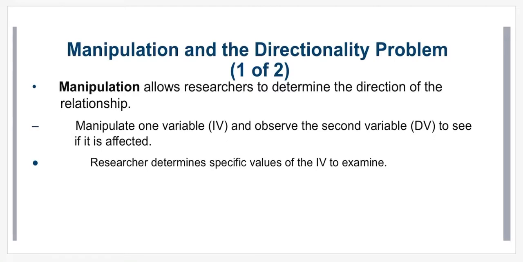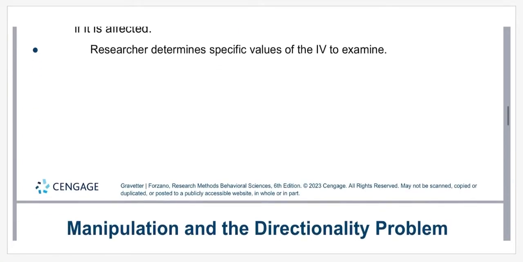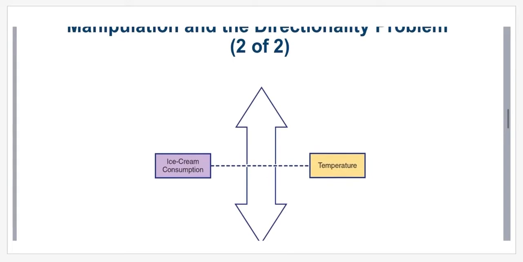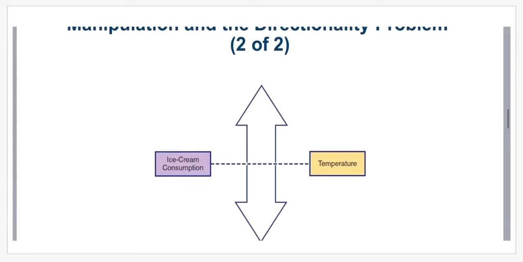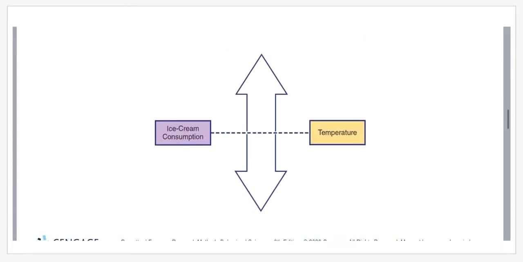And we determine what values we're examining in the independent variable. And because we are controlling that, we are determining that, that helps us say with confidence that those changes are what are affecting the dependent variable if we observe changes in the dependent variable.